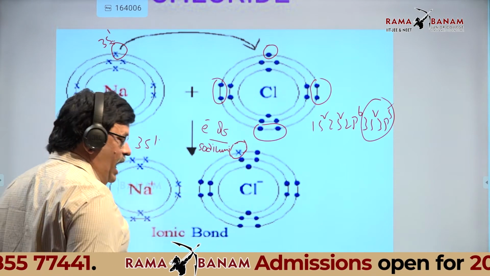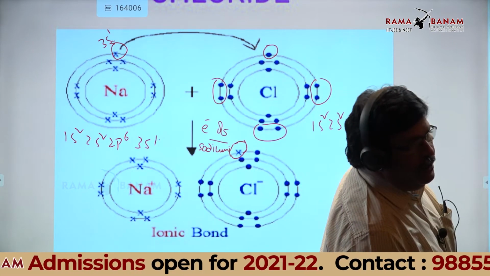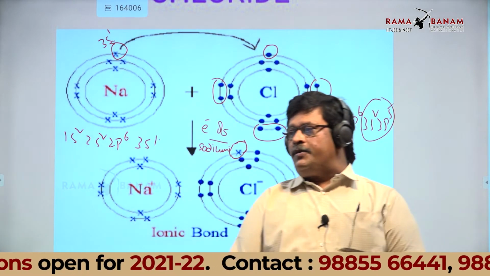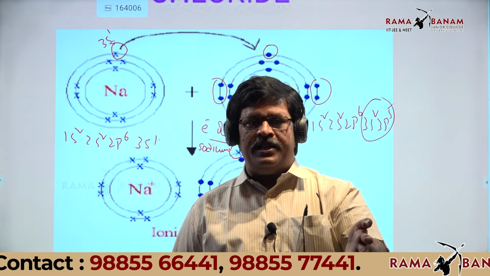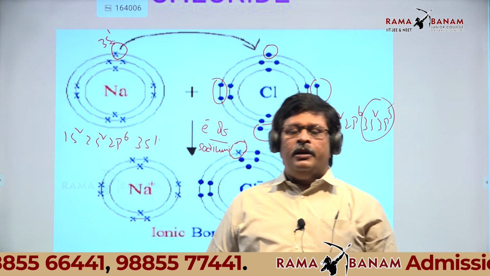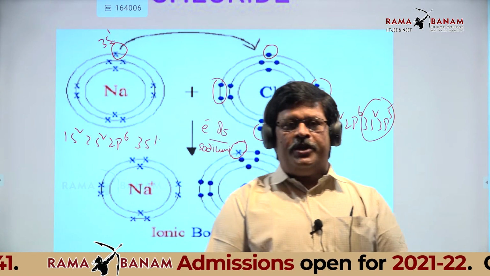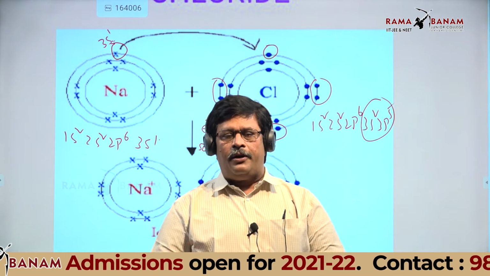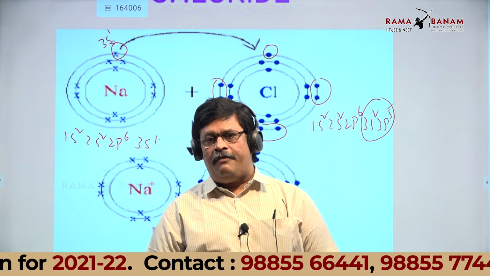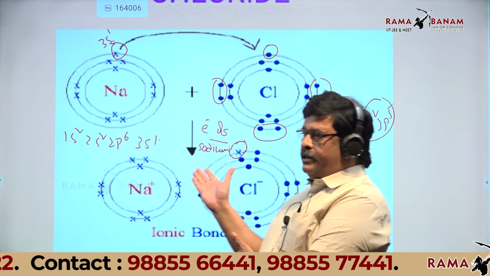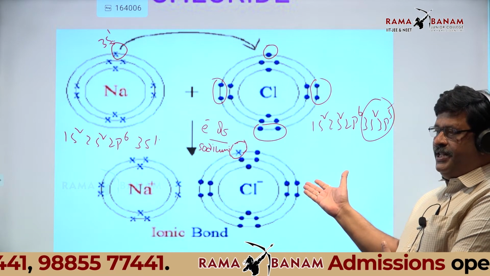So a complete transfer of electron takes place from the valency shell of sodium to the valency shell of chlorine. That is nothing but an ionic bond. In the last class we discussed, an ionic bond is formed due to complete transfer of electron from the outermost shell of one atom to the outermost shell of another. Is it okay, students?